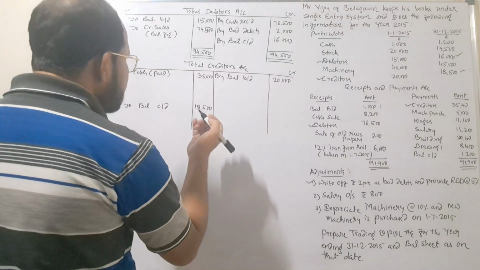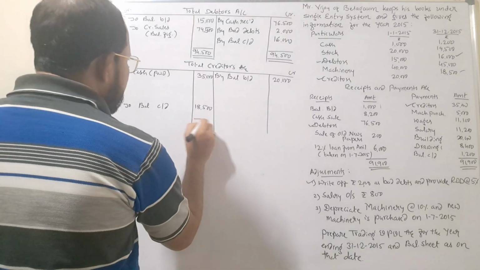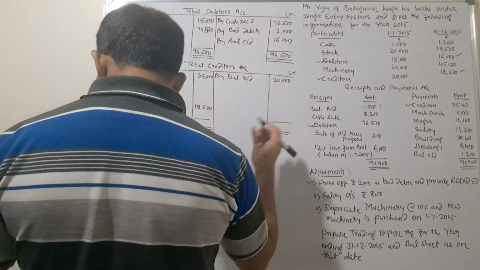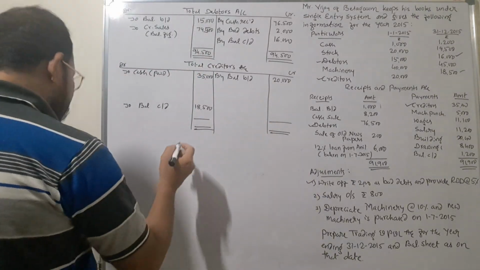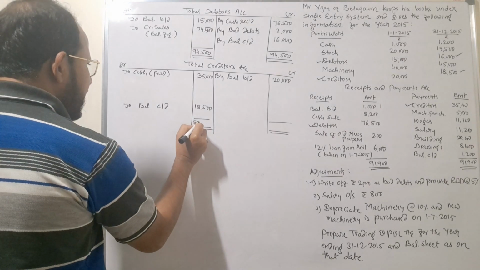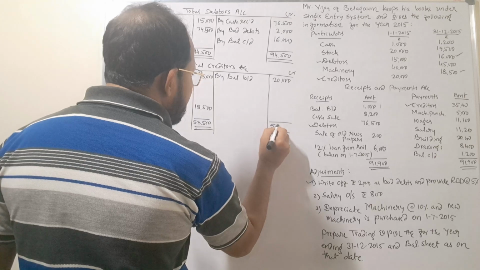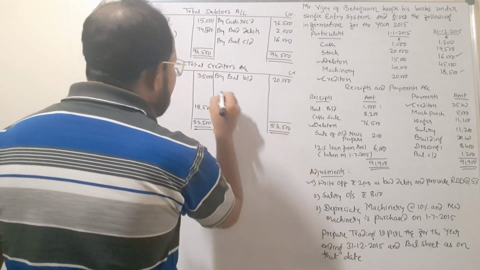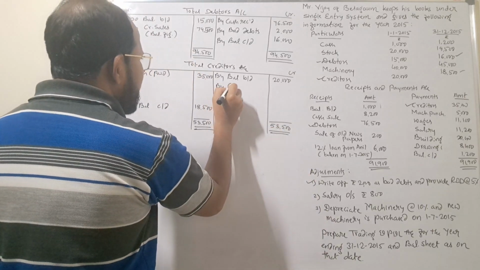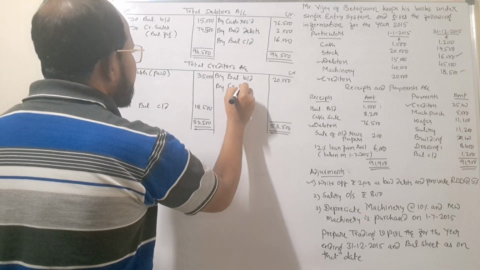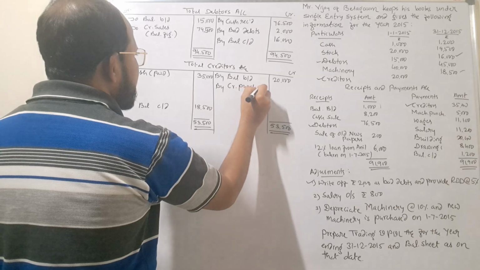Now what we need to do is we have to close the account, and here total comes to 53,500. Here also you write 53,500. Whatever balancing figure is there, that balancing figure represents our credit purchases.